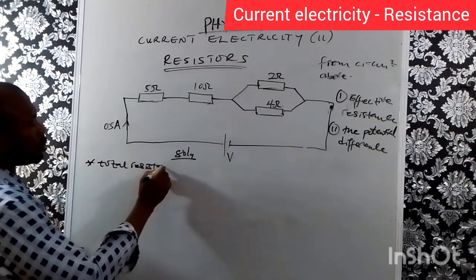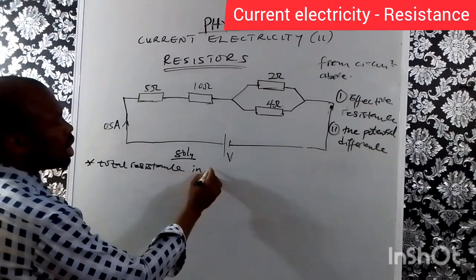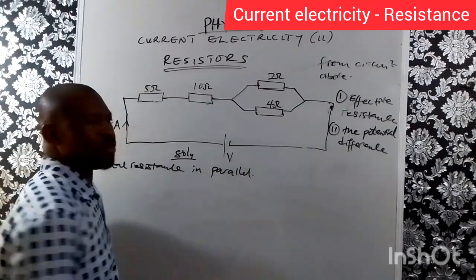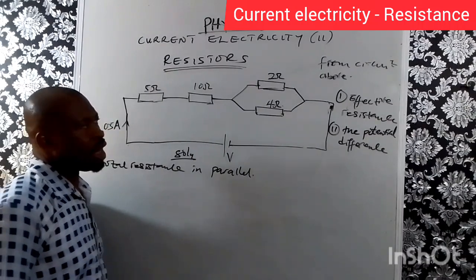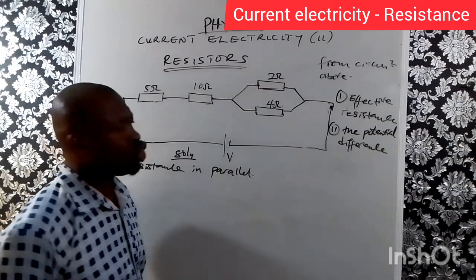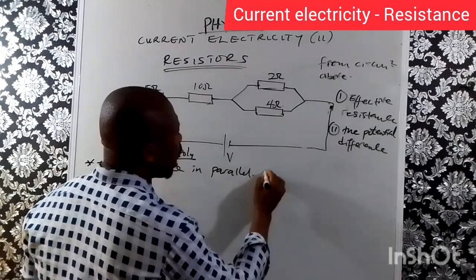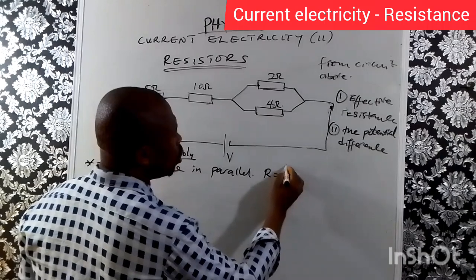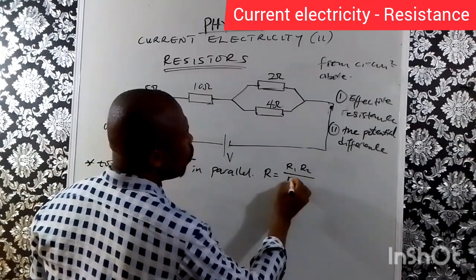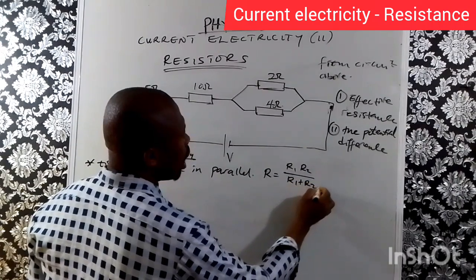So the first thing we'll do is total resistance in parallel. Total resistance in parallel will give us, and of course, it's either we use the longer formula or we use the shorter formula, which says R is equal to R1 R2 all over R1 plus R2.